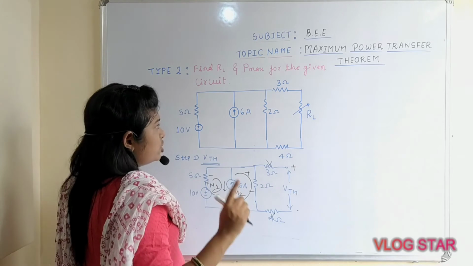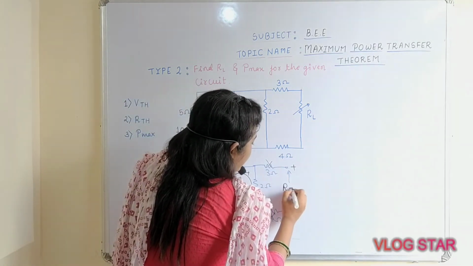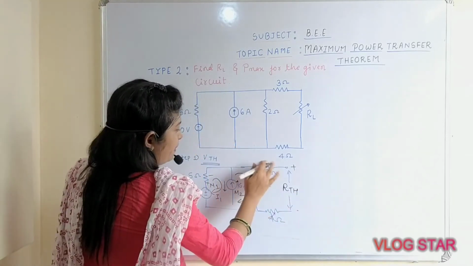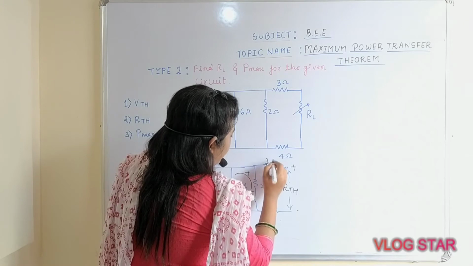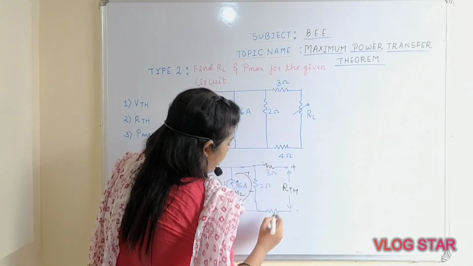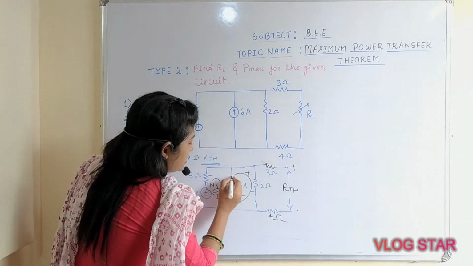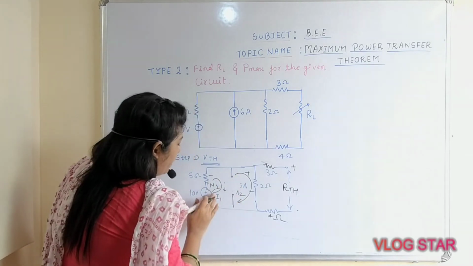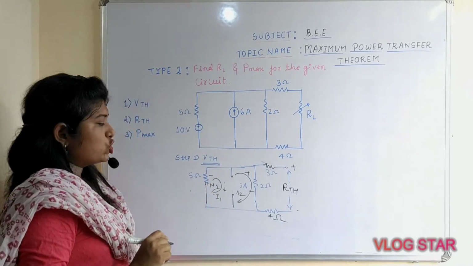So the first procedure that you need to follow, you have to replace the load resistor by RTH. Next procedure is what? You have to replace the current source by open terminal and the voltage source by short terminal.